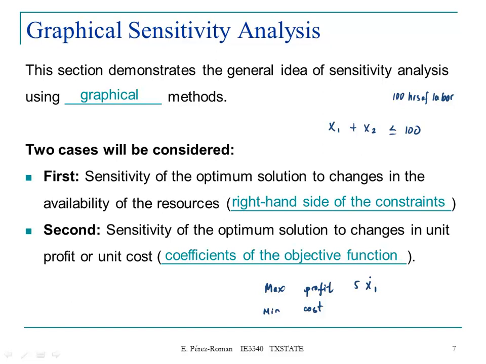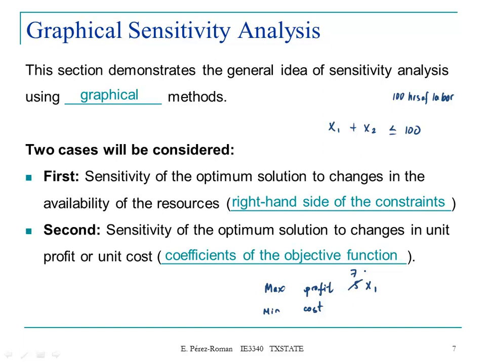What we're going to do in this class is see how, if I change this profit number to 7, would that change my optimal solution? Let's say that I have multiple variables and I decide to produce 100 of X1 and 200 of X2.